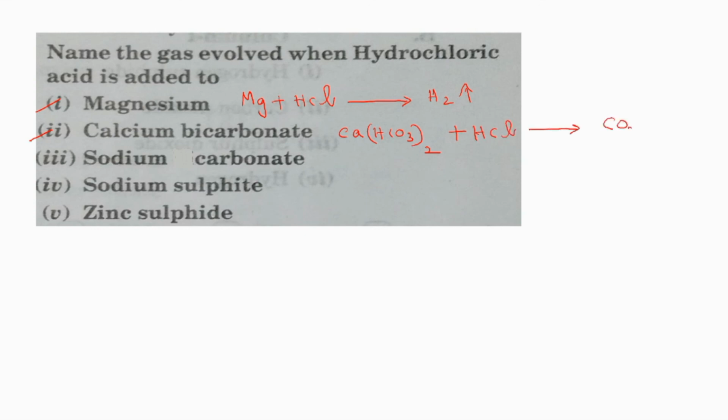It will be carbon dioxide. Sodium carbonate. So what will be the formula? Na2CO3. We were telling that the gas evolved will be carbon dioxide. How to remember? When a dilute acid is reacting with a carbonate also, bicarbonate also, the gas evolved will be carbon dioxide. You can memorize like that.